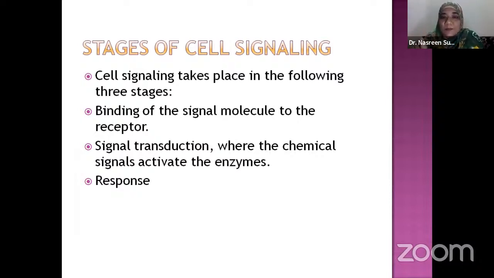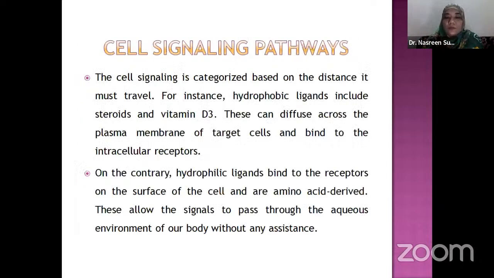When it binds to the receptor, there is transduction, where different chemical signals and enzymes are activated, and finally we get a response. So you have different cell signaling pathways, which usually depend on what kind of ligand it is.